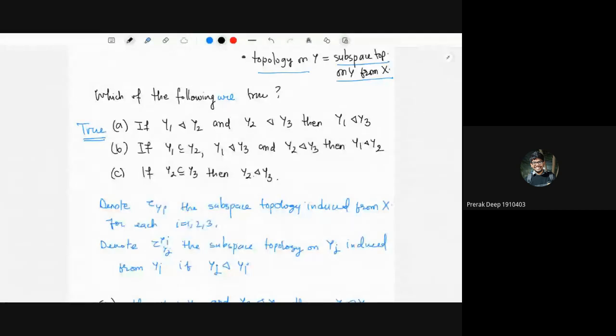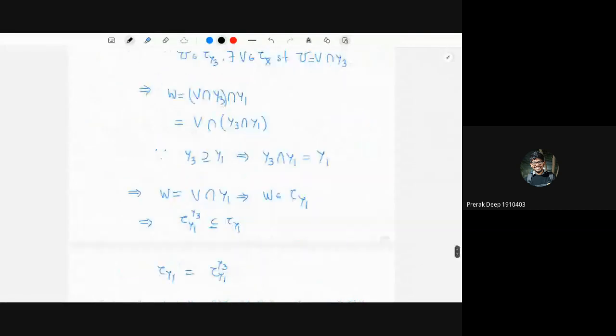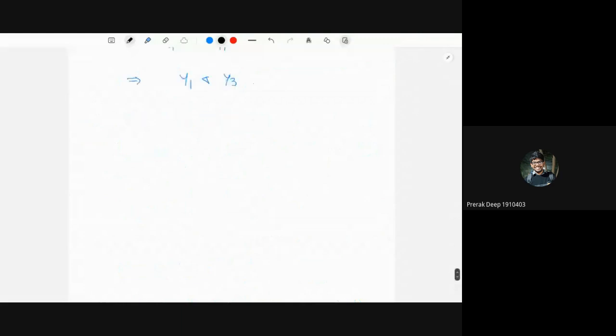Then you need to show that y1 also triangles with y2. So statement B says y1 is a subset of y2, and if y1 triangles y3 and y2 triangles y3, then y1 triangles with y2.